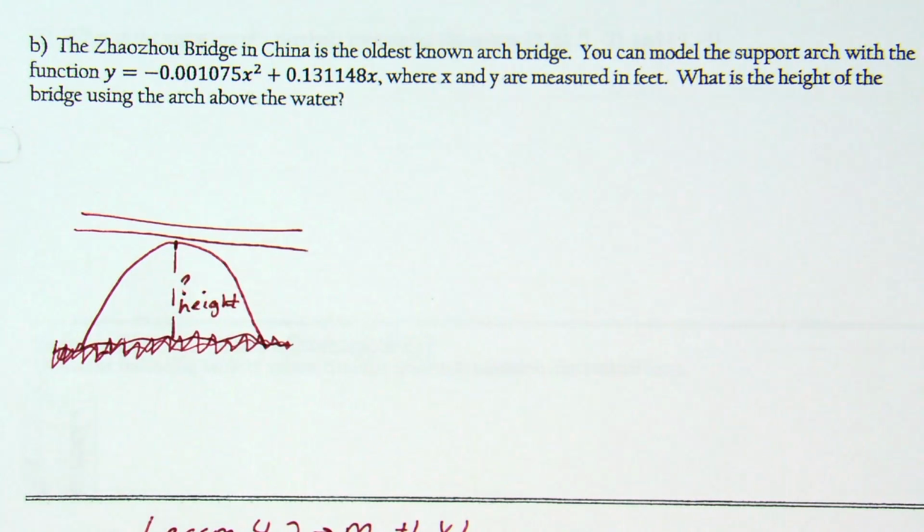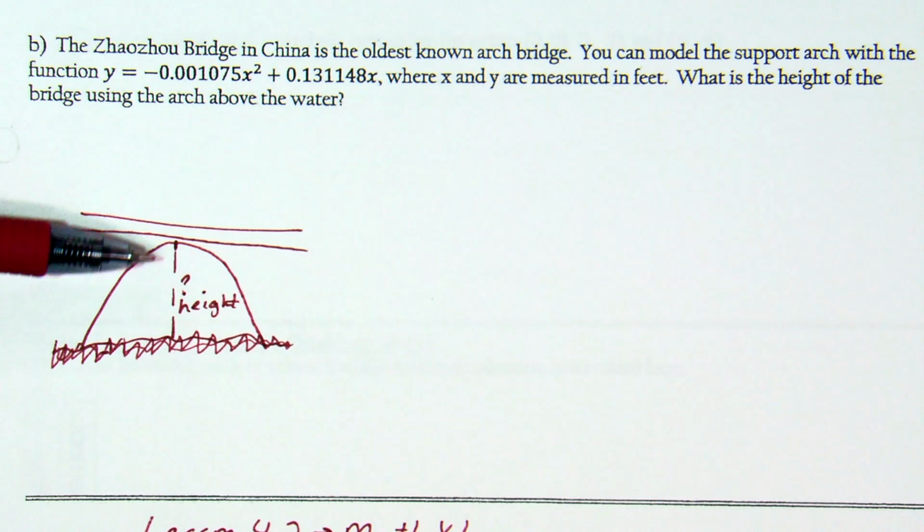Do what we've been doing? Find the maximum. My vertex, because this parabola is upside down, my vertex is a max, yes? How high is my bridge going to be? That maximum value. We've been finding maximum values, yes? This is what it is.